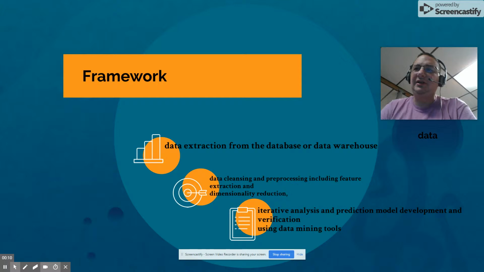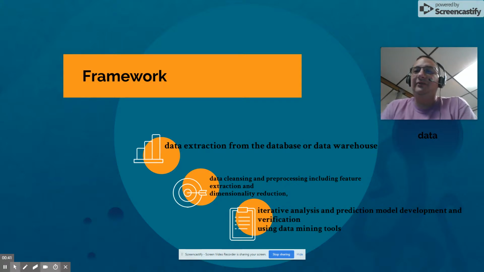So the data mining article that we reviewed looked at the nursing care plan framework and has three key data points that it uses in its framework. Data extraction from the database or the warehouse; data cleansing and pre-processing, including feature extraction and dimensionality reduction, which is a fancy way of saying, let's make sure we have the correct data that we're looking for, and it doesn't have extraneous information that can alter or skew our results.